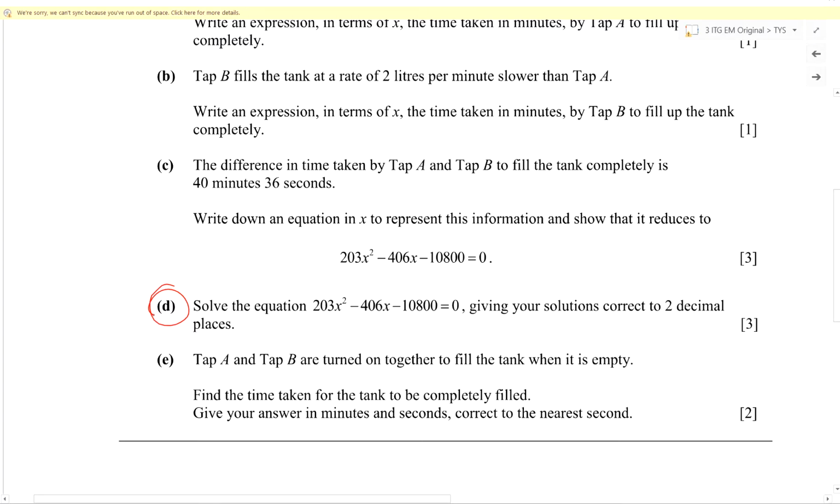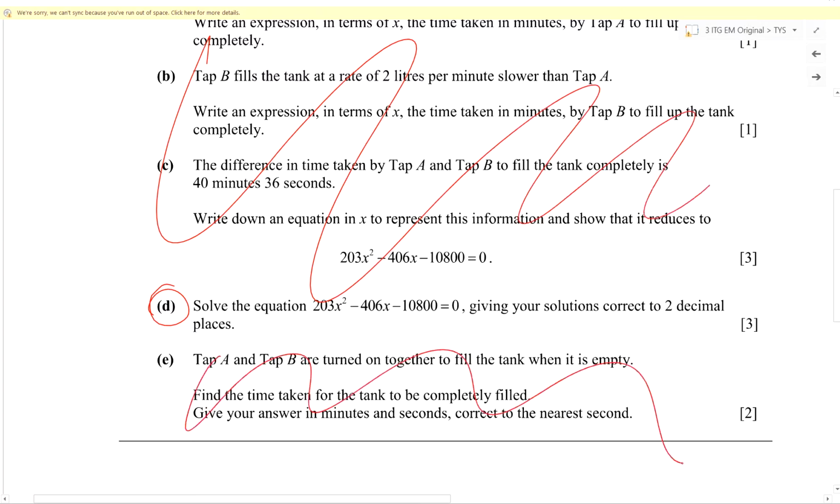Yes, Kevin? Why can't you reject at part D? You have to look at it like this. Solve this equation. There will be two answers.